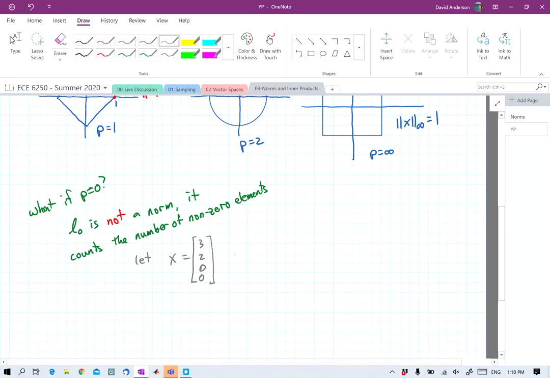And we'll also let a equal 2. Then the L0 measure of ax is going to equal 3, but for it to be a norm, this would have to equal a times the L0 of x, which is 2 times 3, which is 6. So it doesn't work out as a norm.